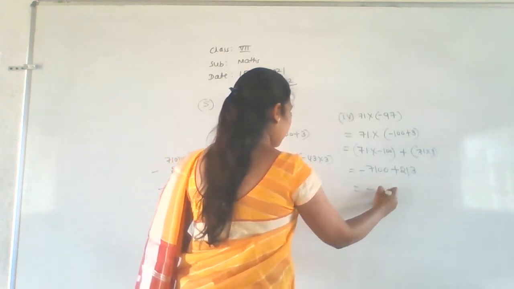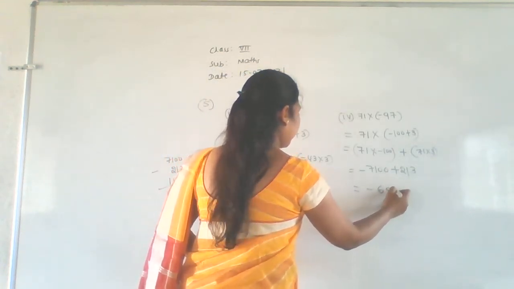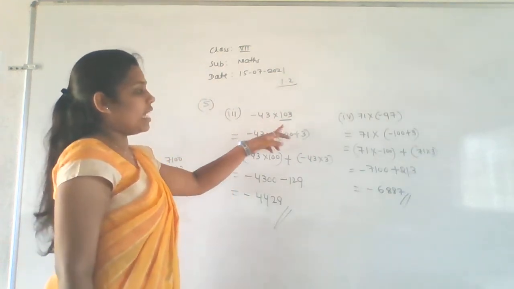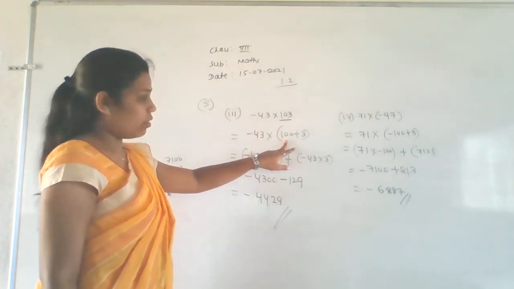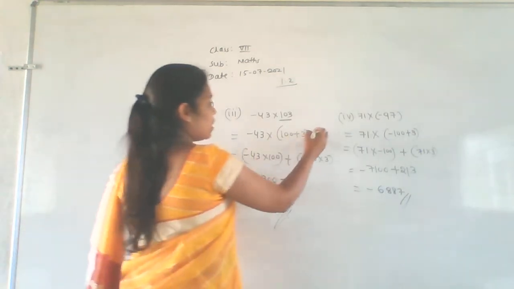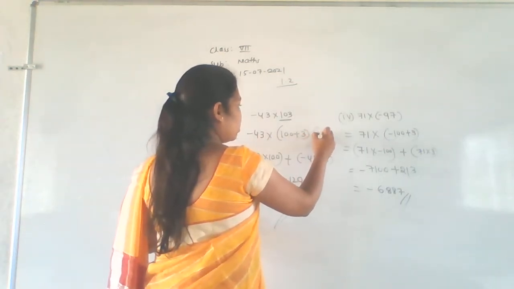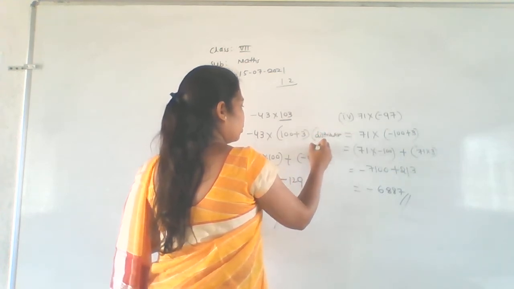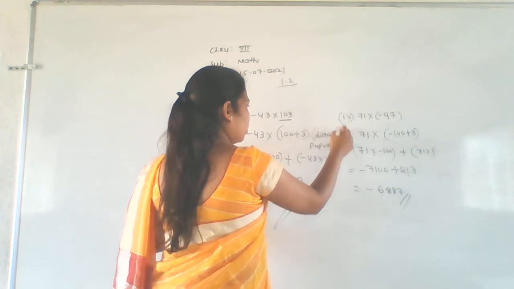So answer will be the minus 6887. Getting everyone? 103 can be written as 100 plus 3, okay? So use a distributive property. Which property did we use? That is distributive property. Distributive property we used. Right?